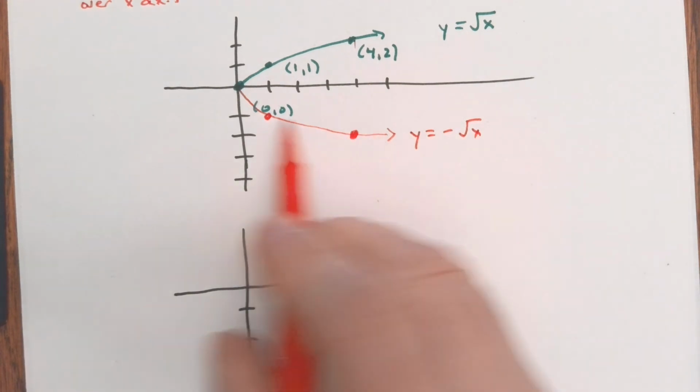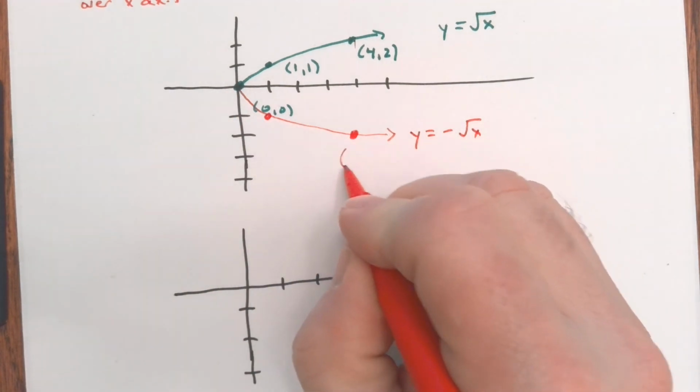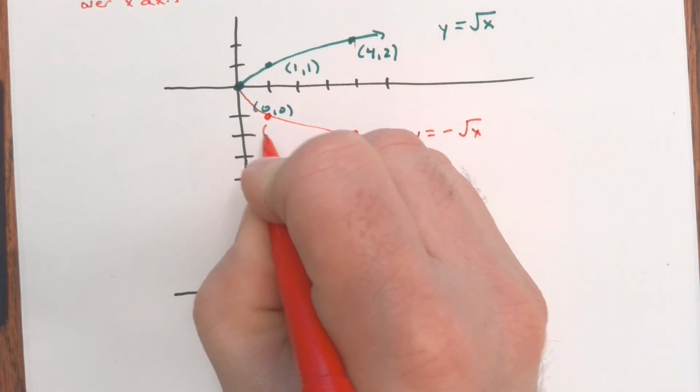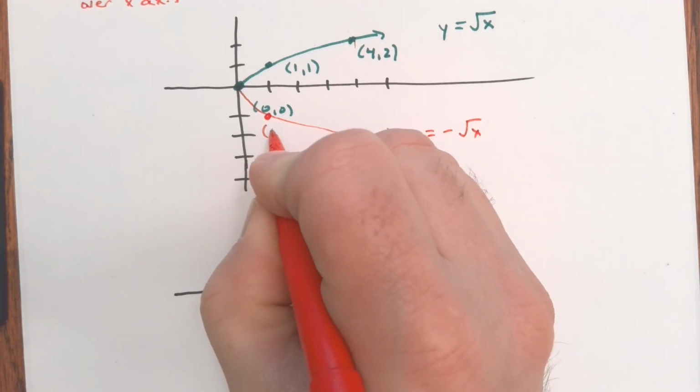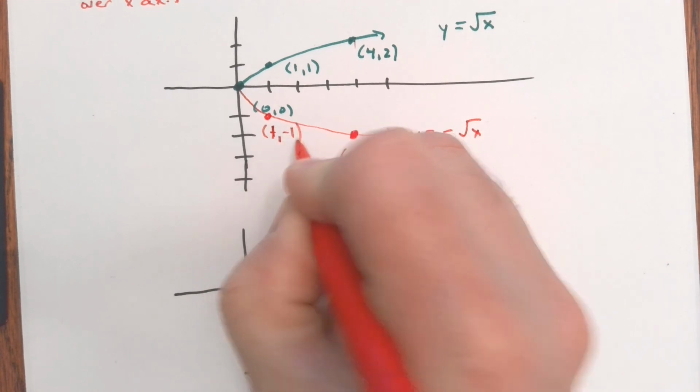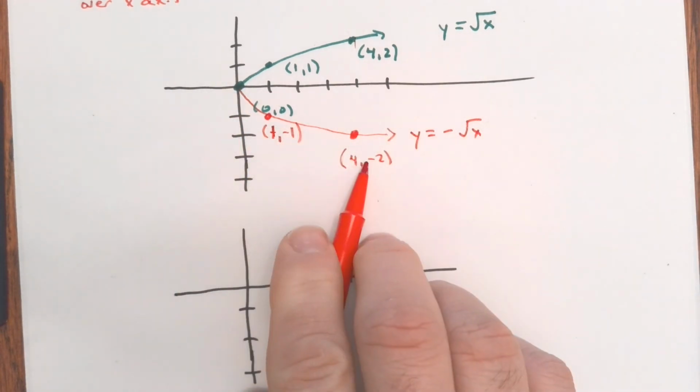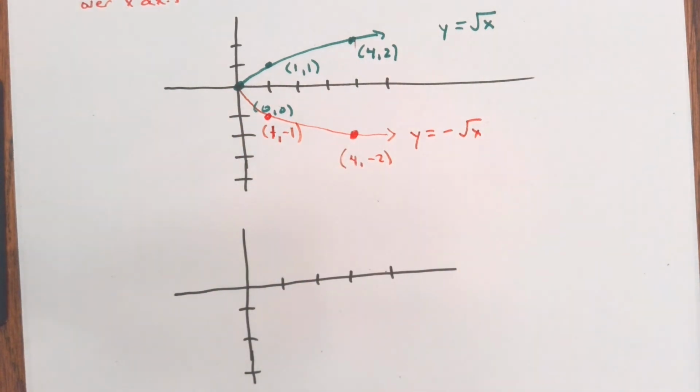So if I take a look at this graph here, we have 0, 0, we have 1, negative 1, and we have 4, negative 2. I want to slide all of those down 1 unit, and that will give us our final graph.